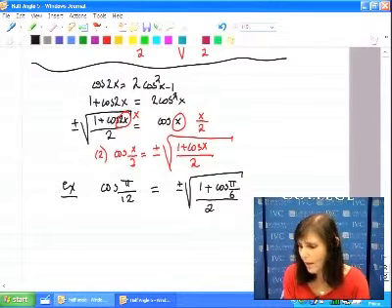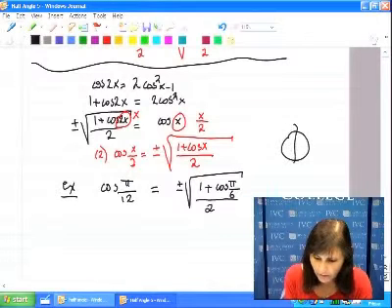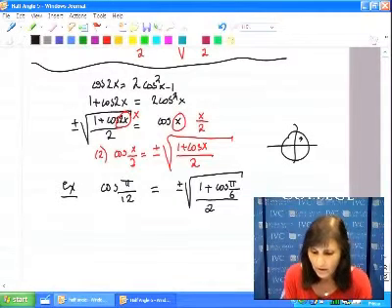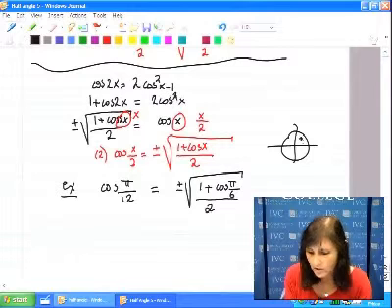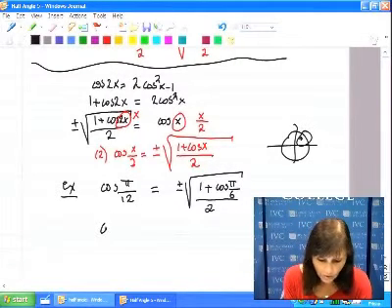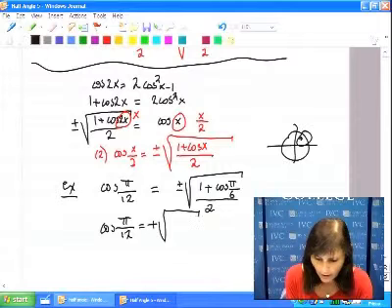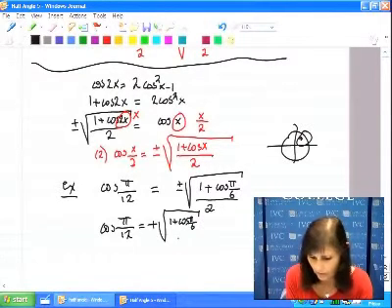Now, which one am I going to pick? Pi over 12 is in the first quadrant, so I need to pick the positive one. So cosine of pi over 12 is the positive square root of 1 plus cosine pi over 6 over 2.